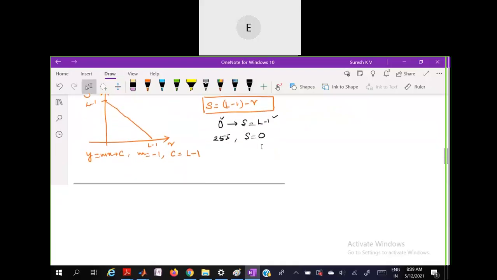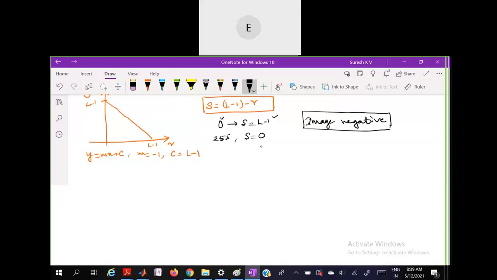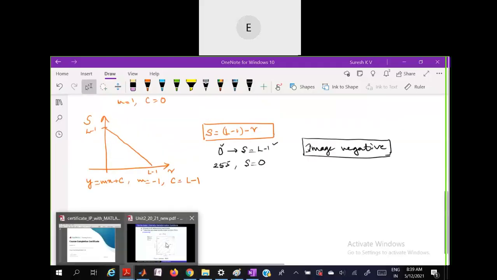What will you get as output? This is actually negative of an image, right? This will actually give me image negative. That means black pixel will become white, white pixel will become black. So this is how I can generate an image negative. Okay, it is just a simple operation. So let us just discuss that in the next slide.